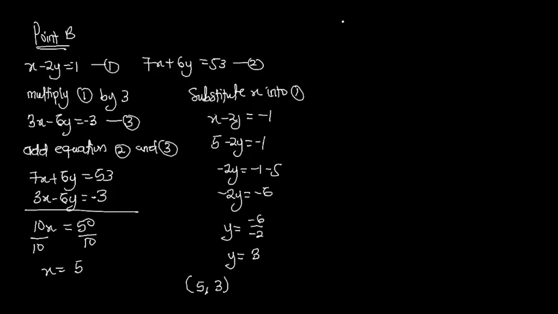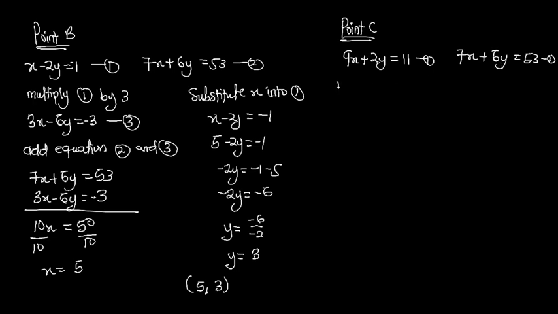So for point C, we'll be solving the two equations. 9x plus 2y is equal to 11 as our equation 1, and 7x plus 6y is equal to 53, this as our equation 2. So I see that I have 2y here, 2y over here.